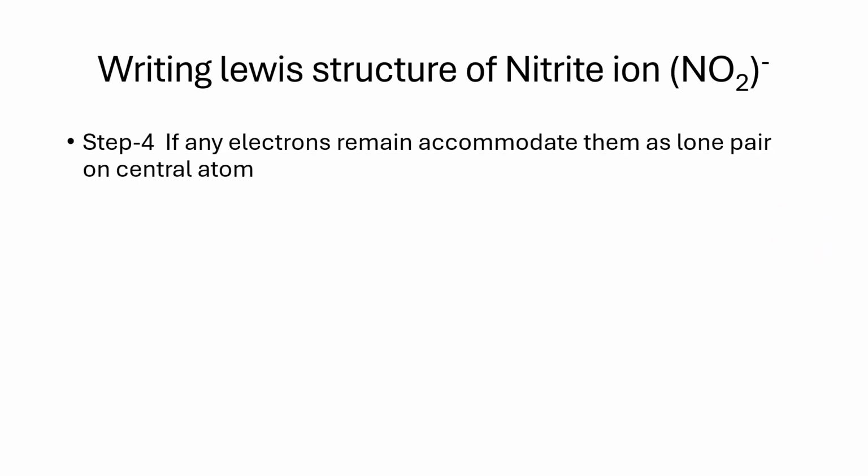Just as discussed in the previous example, we have the central atom and the peripheral atoms. The peripheral atoms have the lone pairs in place, and we needed to just account for 2 more electrons, and as discussed in the previous example, we put those 2 electrons as a lone pair.